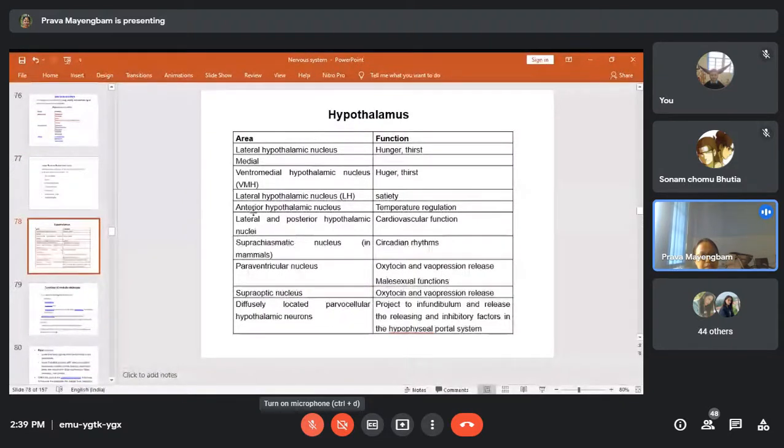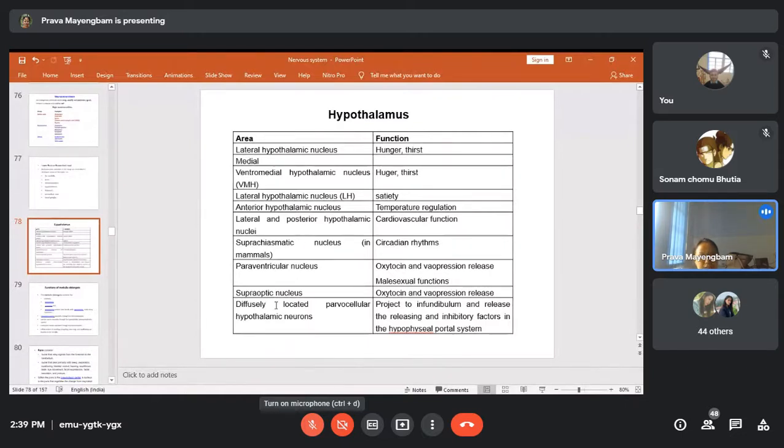Lateral hypothalamic nucleus. Anterior hypothalamic nucleus, lateral and posterior hypothalamic nucleus, suprachiasmatic nucleus. Particularly in mammals, this plays an important role in maintaining circadian rhythm.